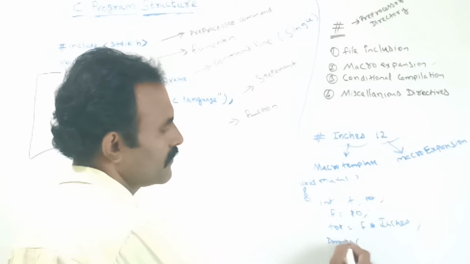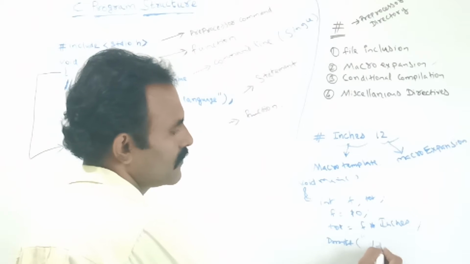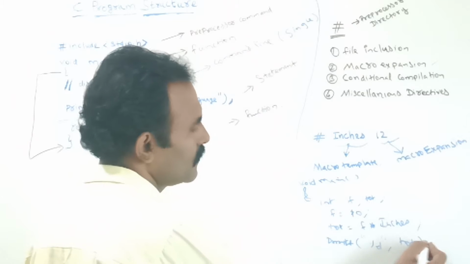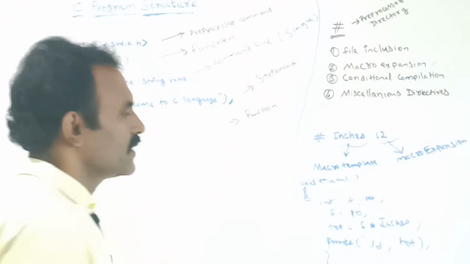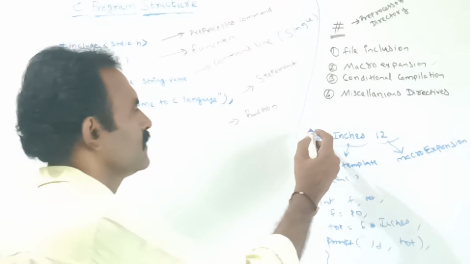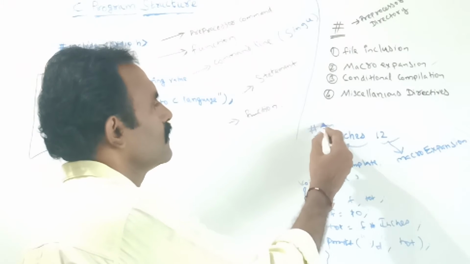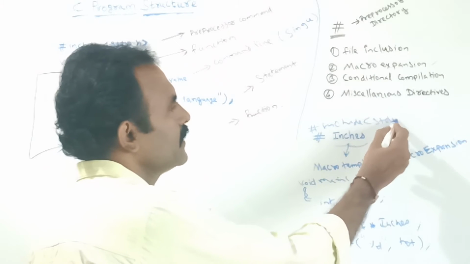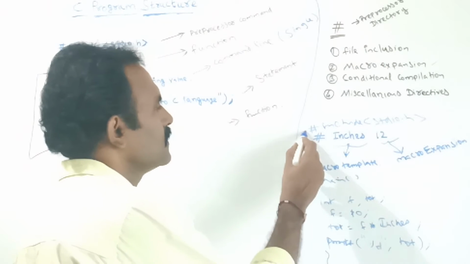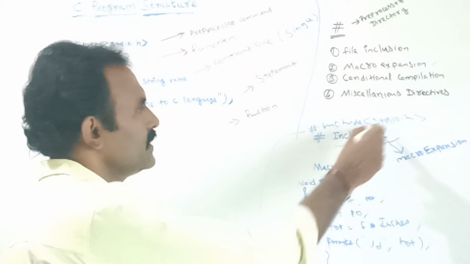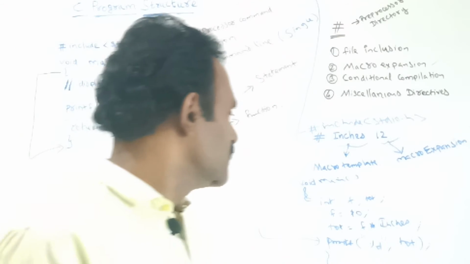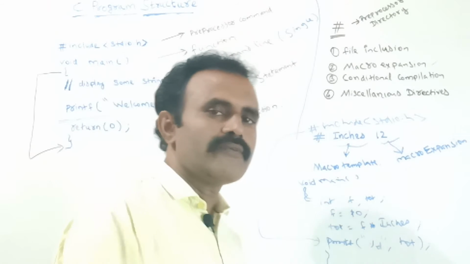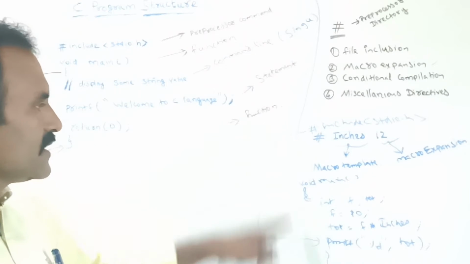Printf, here total value. This is the program. Here include stdio.h, because this printf function is inside the header file stdio.h. If you use printf, we should definitely include this header file. See, it is a simple program.